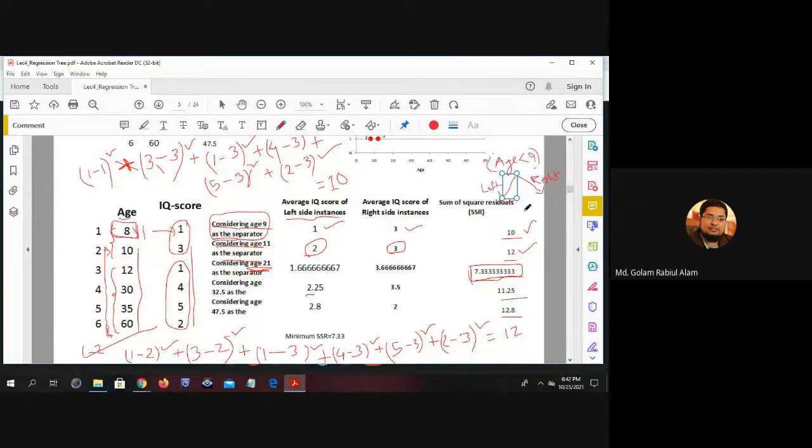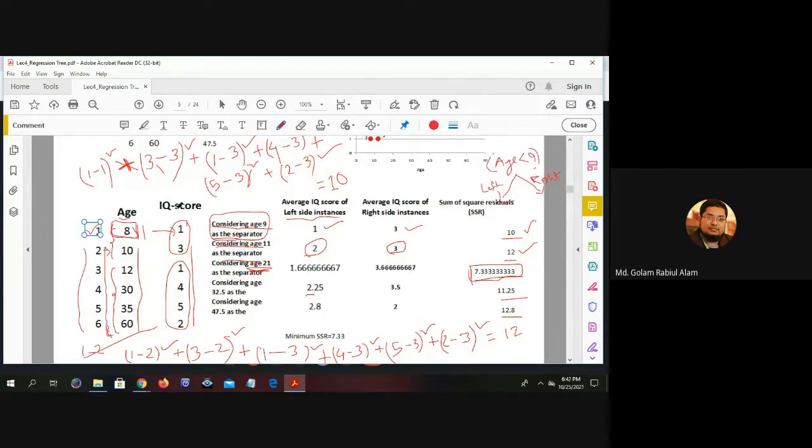Left and right side. In left side, just this observation, that means observation number 1, A8. We will get A8 in this case, that is left side, and all other observations we will get on the right side.